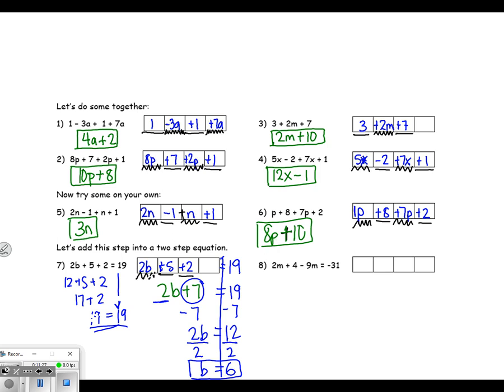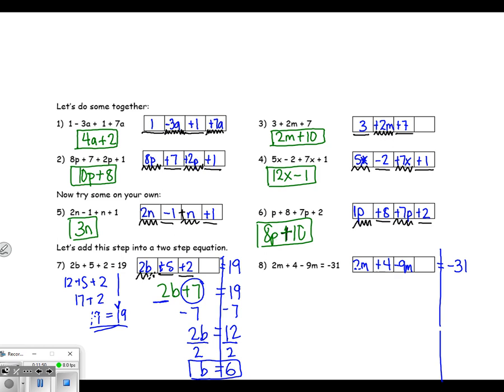Okay, so the thing about equations is we don't want our other side of our equation in the same set of boxes. So let's do this one. We've got 2m plus 4 minus 9m equals negative 31 over there, and that's where I draw my line.